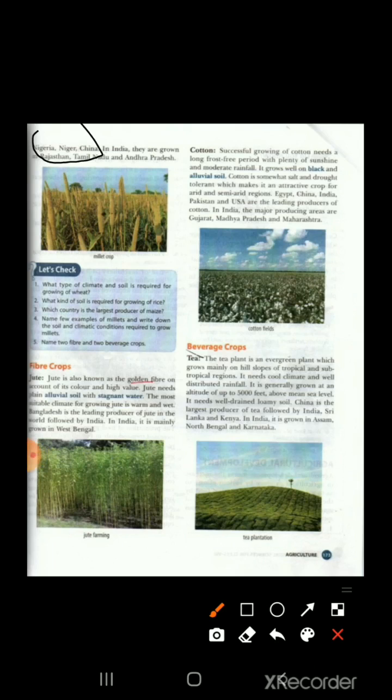These are the main millet producing countries. In India, they are grown in Rajasthan, Tamil Nadu and Andhra Pradesh. Jowar, bajra, ragi, all these are grown in these three states.